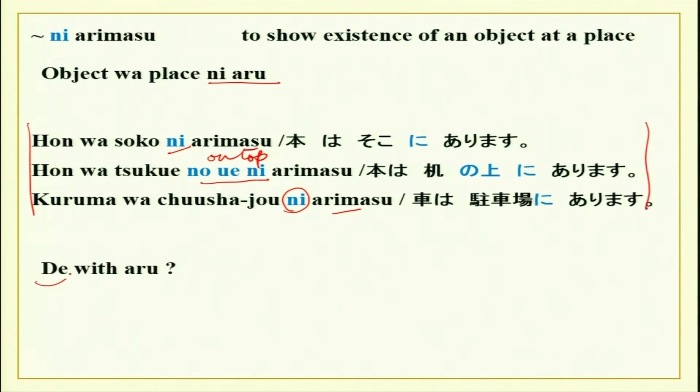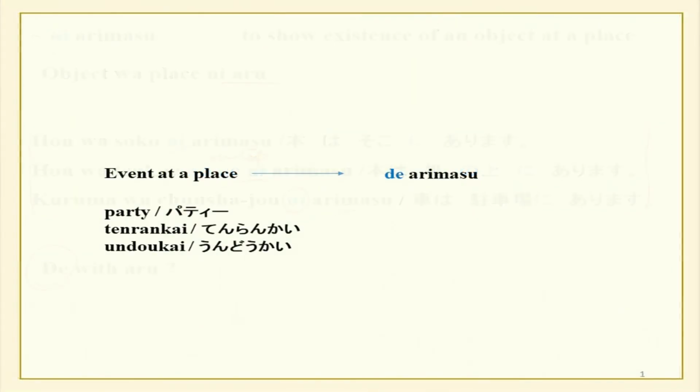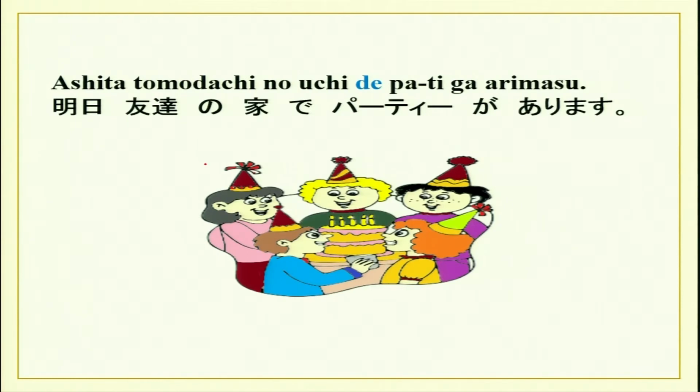So, why are we using de? What is the reason for using de? The reason is that if aru comes with an event, that is if an event is happening at a certain place, then particle de is used with arimas. For example, you can see here in this picture, they are having a party over here.